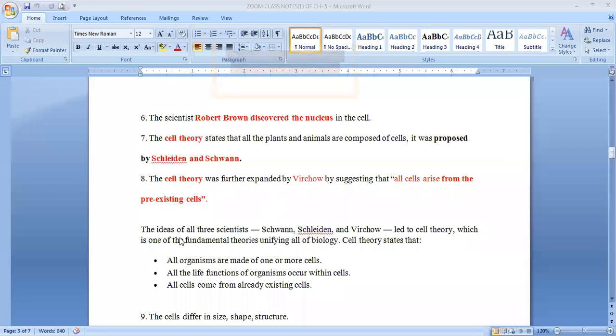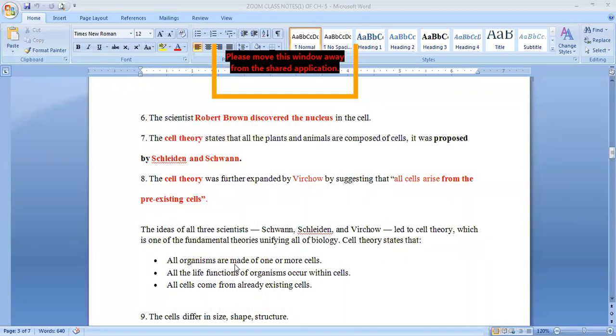So the ideas of all three scientists, that is Schwann, Schleiden and Virchow, led to the cell theory, which states that all organisms are made up of one or more cells. If they are unicellular, they are made up of one cell, and if they are multicellular, they are made up of more cells, right?